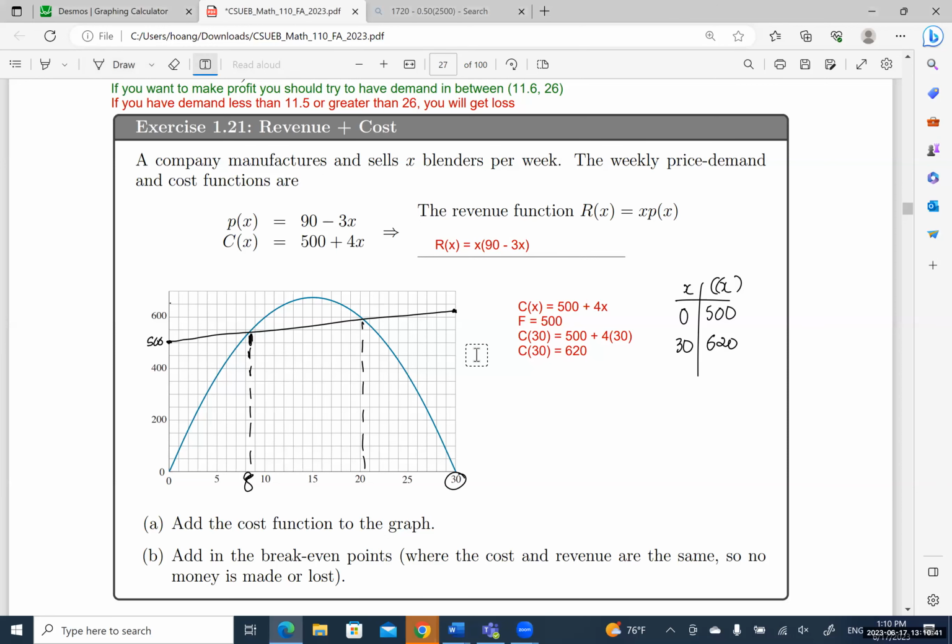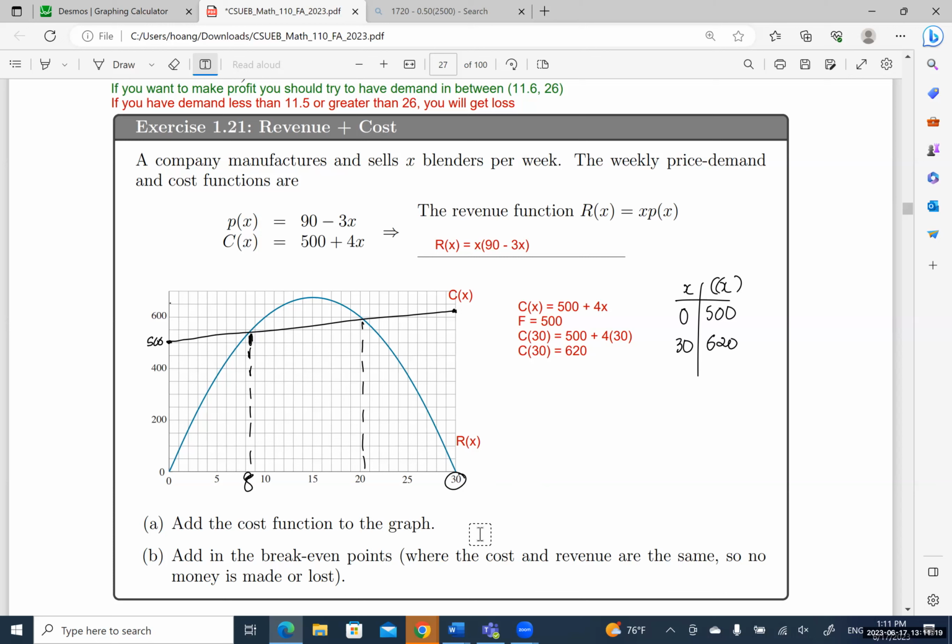Okay, so you should have the revenue function as given there, and the cost function will be with 2 points that you can use in two tables, 0, 500, and 30, 620. I usually use the 30 because at x equal 30 is the maximum you consider, since after that you're going to have the negative of the revenue function, right?